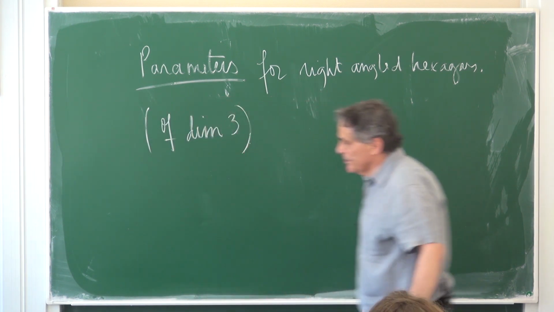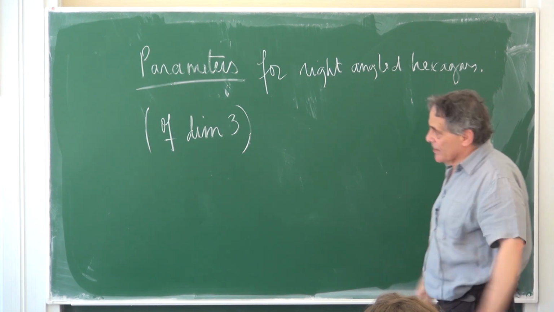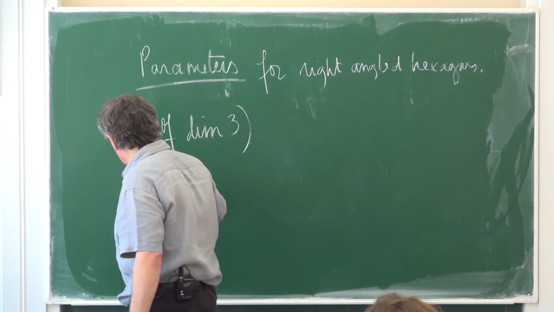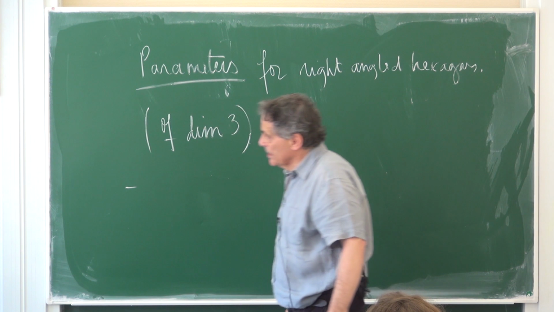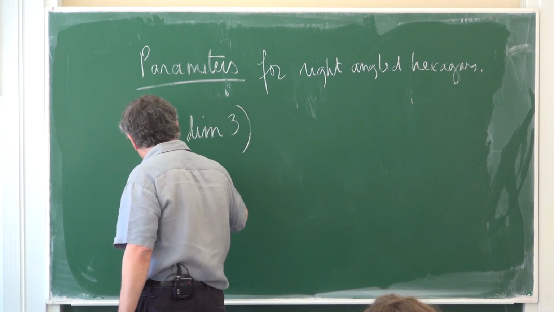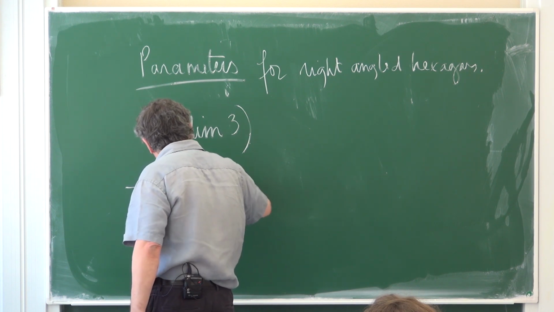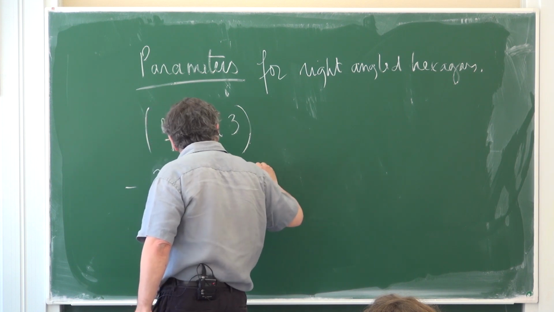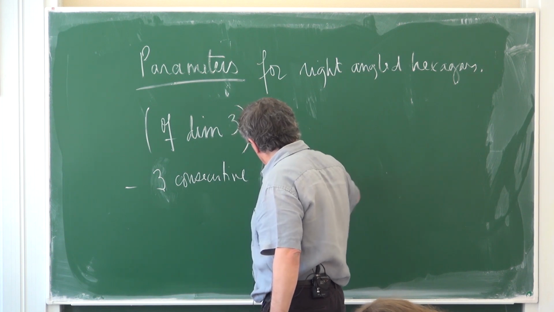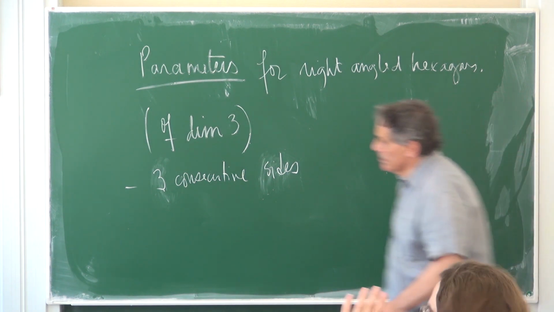So a different version, a different kind of parameters, which may be useful and which are useful in the general theory. First, let me remark that in such a hyperbolic right-angled hexagon, when I say three consecutive sides, I mean the lengths of 3 consecutive sides, like this one here.